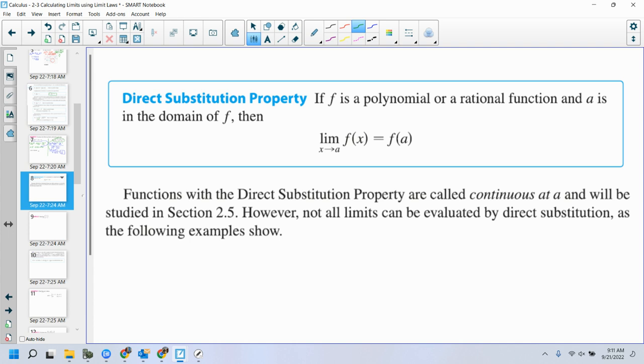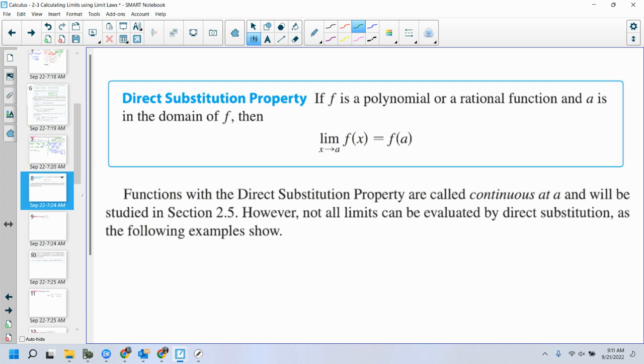But if f is a polynomial or a rational function, and a has to be in the domain, and that's again a sticking point for the rational ones where I can't plug it in, right? The denominator would end up equaling 0, so therefore x was not in the domain, or a was not in the domain. Then the limit as x goes to a of f of x is f of a.